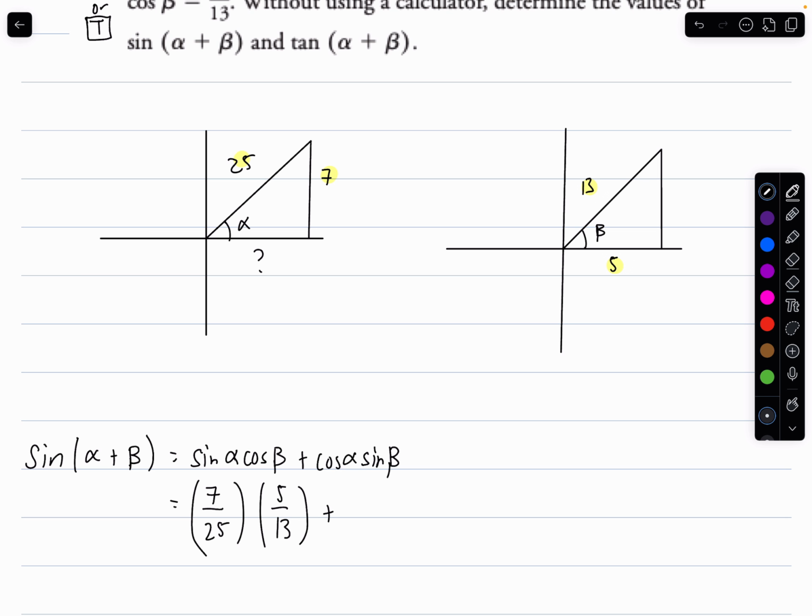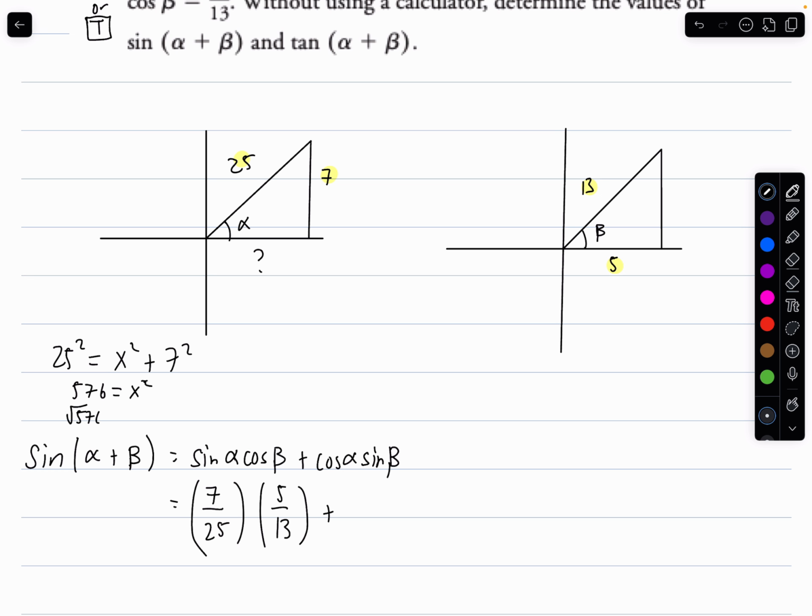So what we're going to have to do is use Pythagorean theorem to find out that third side. So I'm going to say 25 squared is equal to x squared plus 7 squared. And then we're going to solve. So 25 squared minus 7 squared is 576. And then I'm going to square root both sides.